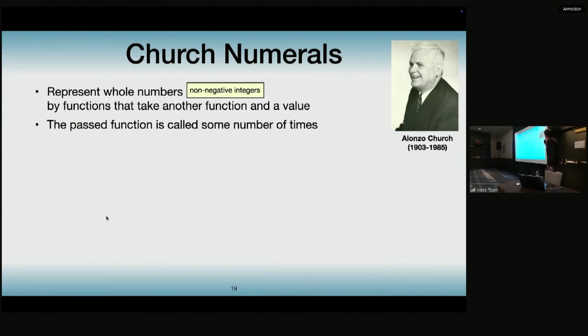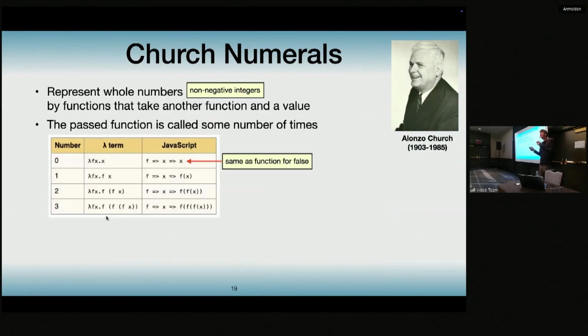And so the way that Alonzo Church decided to represent numbers is to say, you give me any function and any value, and if that function is never called, that's 0. But if you call the function one time, passing it the value, and then you give me back the result, that's 1 because you called the function one time.